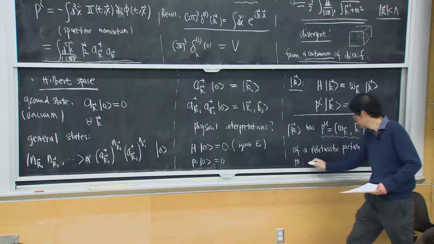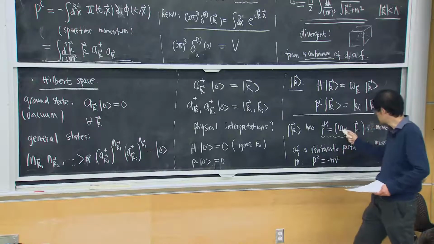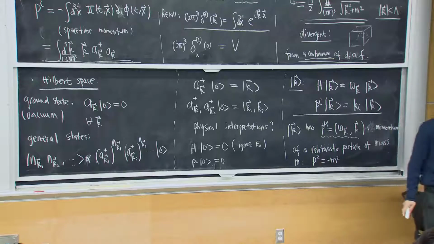This means the four-vector squared satisfies P squared equal to minus m squared.